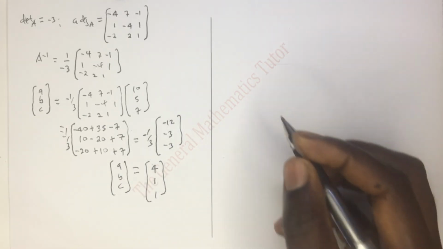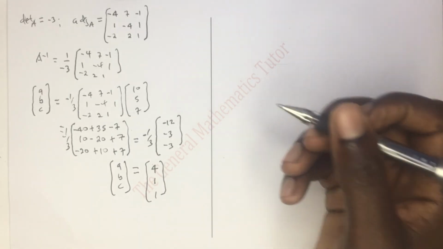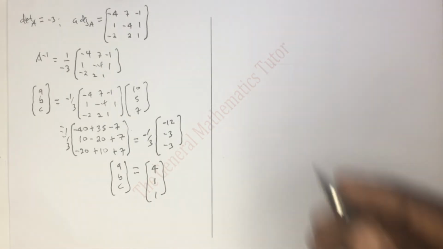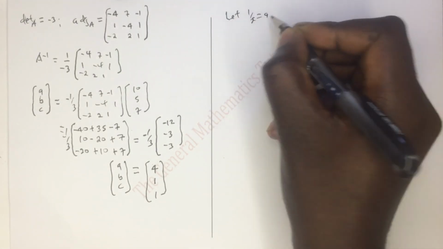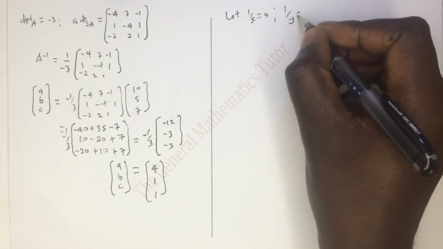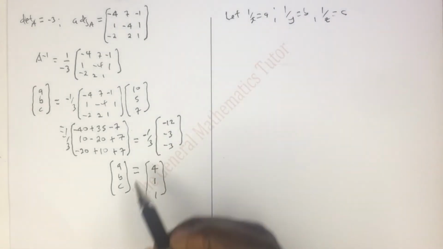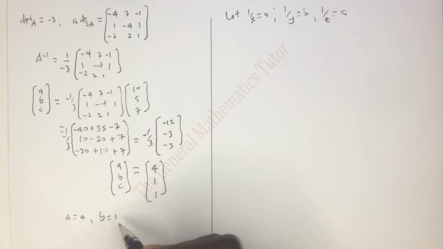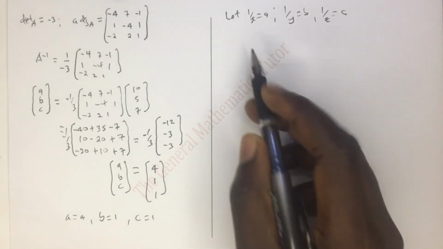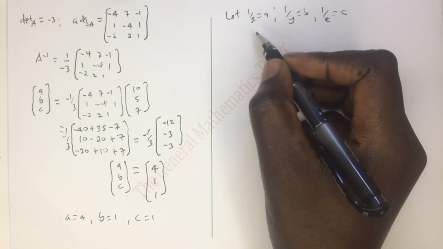But remember, initially when we started, we were dealing with 1/x, 1/y, and 1/z. So we had said that we were letting 1/x be A, 1/y was B, and 1/z was C. So now that we have that the value of A is 4, the value of B is 1, and the value of C is 1, we can use that information here. So we have A is 1/x.